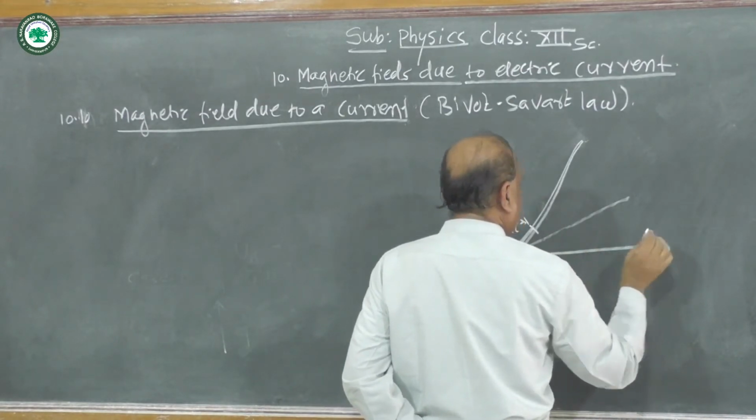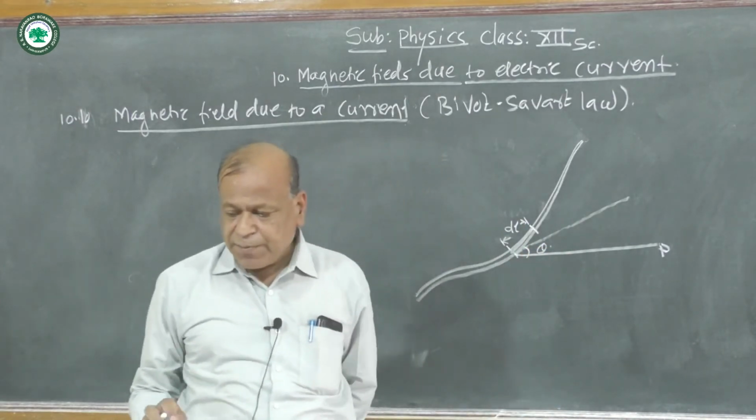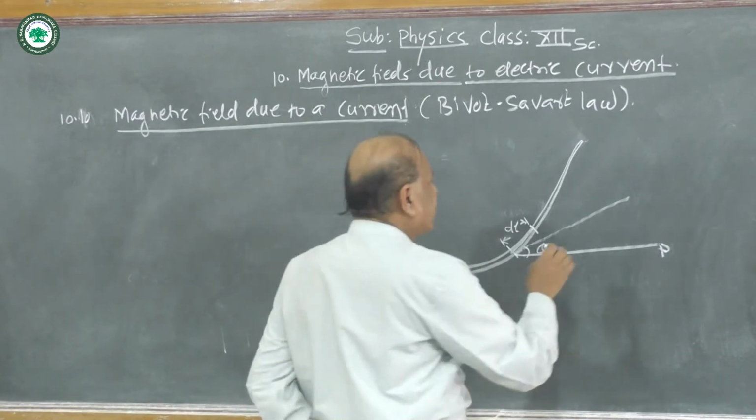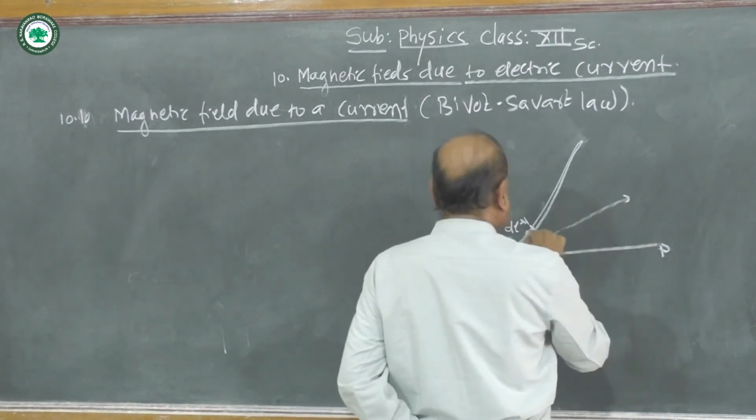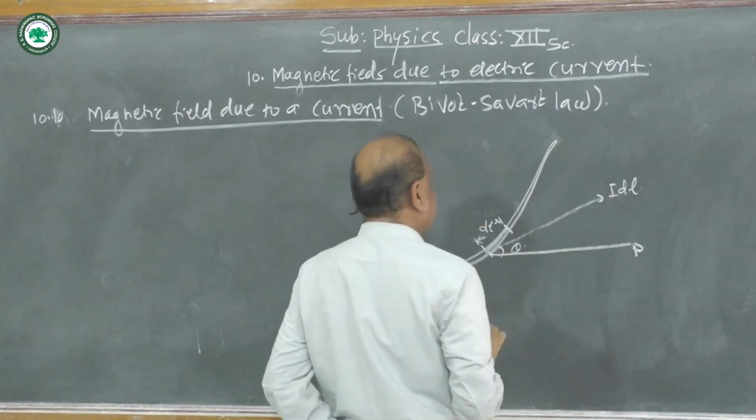Here consider the point P, which makes an angle theta, and this is the direction of the current element I dl.